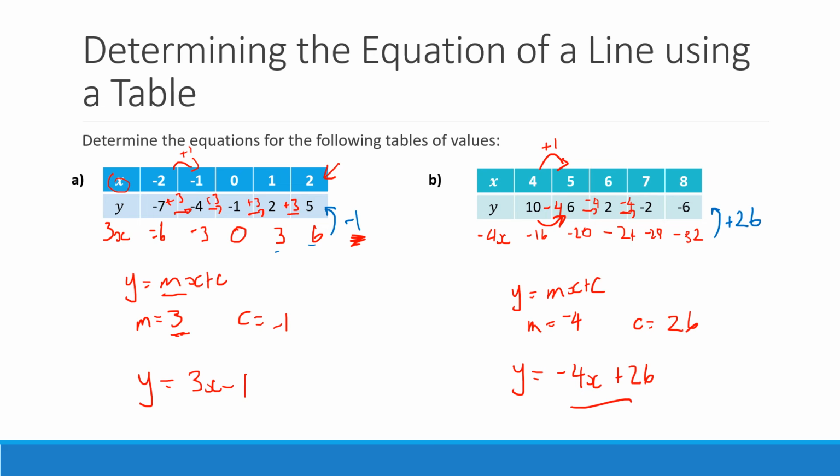So students, once again, you work out m by seeing what your change in y is every time x changes by 1. Then you add the extra row and work out your c value, what you are adding on to make the numbers the same between your new row and y.